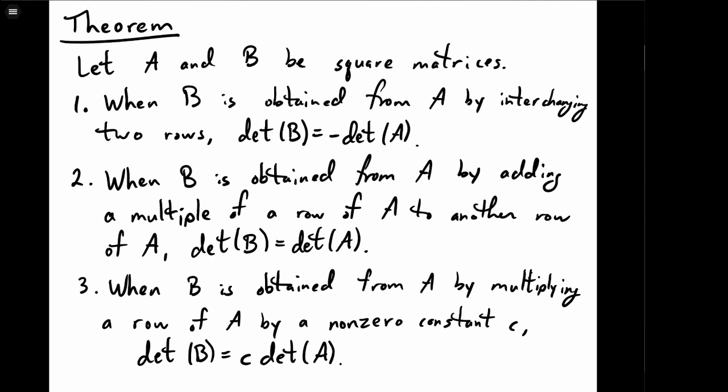So if we do that, though, we have to keep track of the changes we make. All right. So with that, I will end here for this video, and then we'll do an example of using this theorem in the next video.